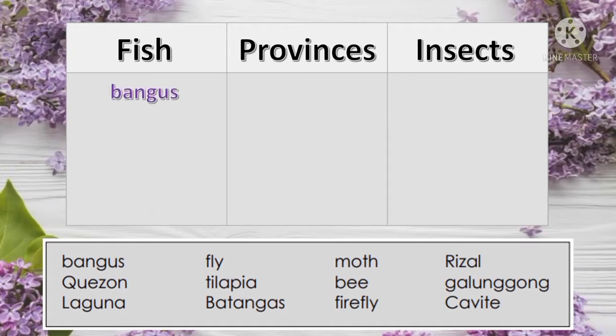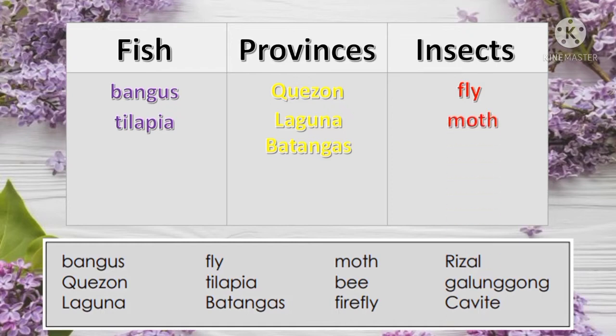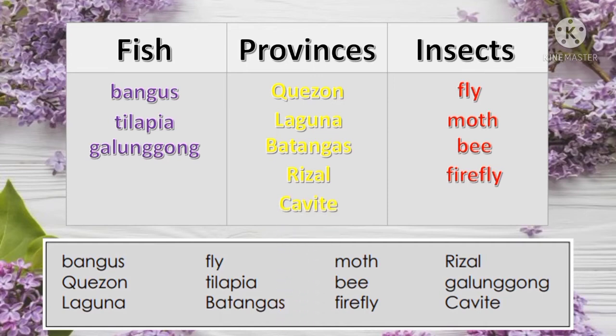The first one is bangus, fish; Quezon, province; Laguna, province; fly, insect; tilapia, fish; Batangas, province; moth, insect; bee, insect; firefly, insect; Rizal, province; Galunggong, fish; and Cavite, province.